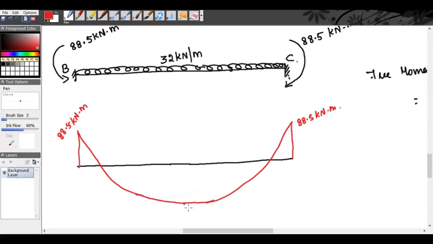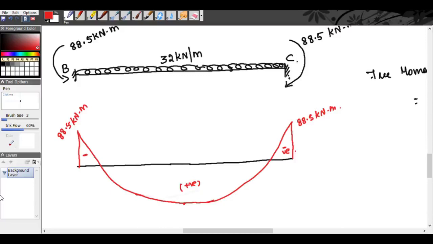And at the center you will have the maximum. So here it is negative and here it is positive, sagging and hogging.